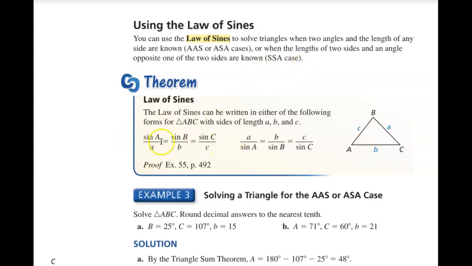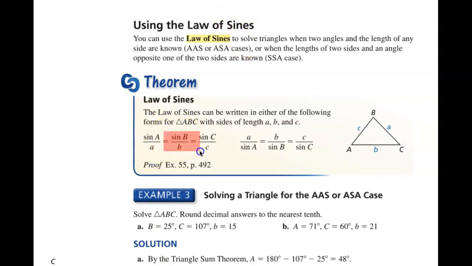And the idea is you're only using two of these ratios of the proportion in order to solve for an unknown. So let's see, this is my first time doing it, but it should allow me to draw.